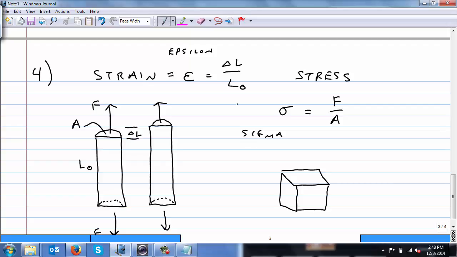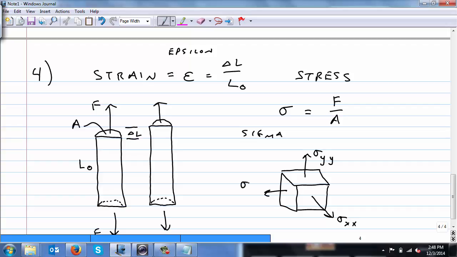So stress is a little stranger in that it'll have an x component. I'm going to do two x's, and I'll tell you why in a second. It's going to have a y component, and it's going to have a z component as well. In addition to stretching something in all three dimensions, you can already see that stress is more complicated than pressure, because we're talking three dimensions already.